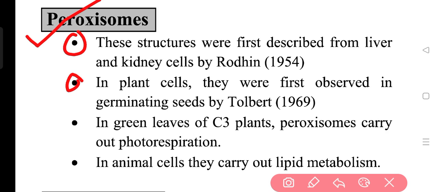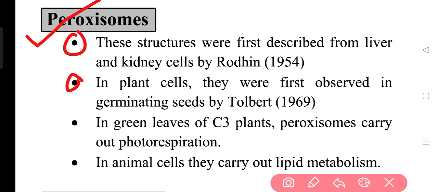Second point, in plant cells they were first observed in germinating seeds by Tolbert. So remember there are two scientists: first is Rhodin, second is Tolbert. Rhodin found peroxisomes in animal cells, Tolbert found peroxisomes in plant cells.